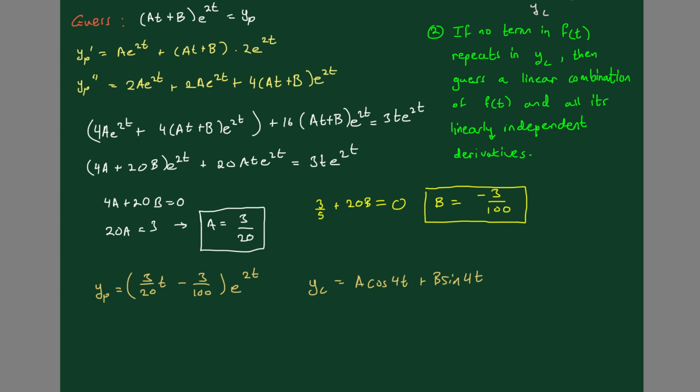So our full solution to the differential equation then is going to be the sum of these two solutions. So our general solution is y of t is equal to a cosine of 4t plus b sine of 4t, and then plus our particular solution, 3 over 20 times t minus 3 over 100, all multiplied by e to the power of 2t.